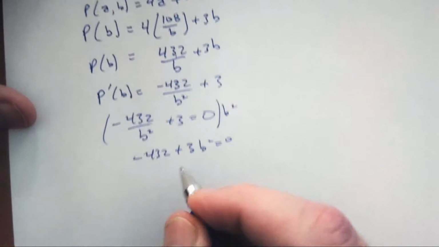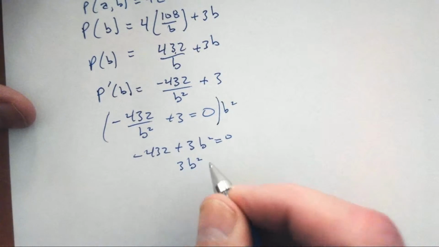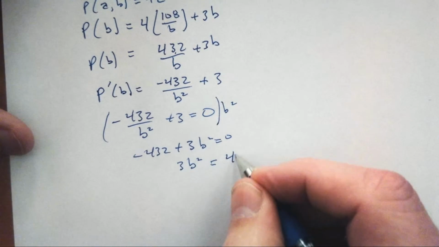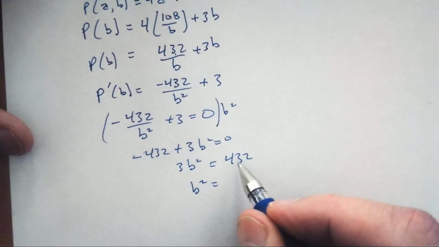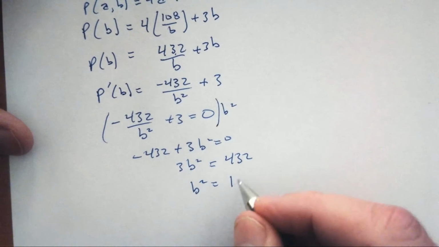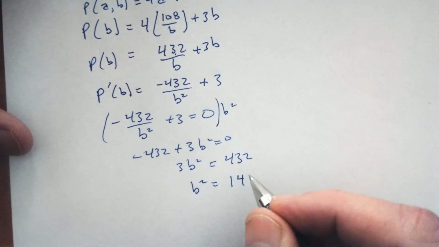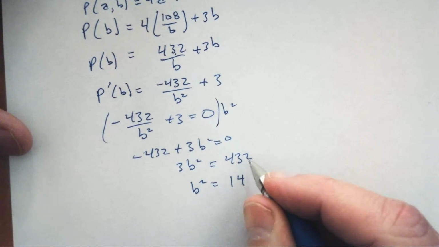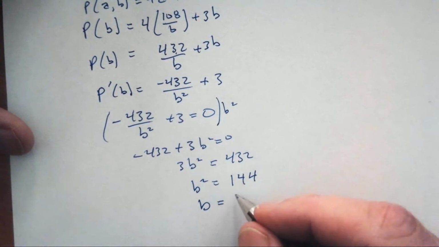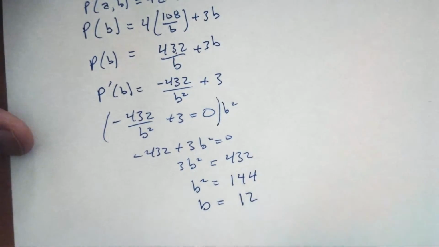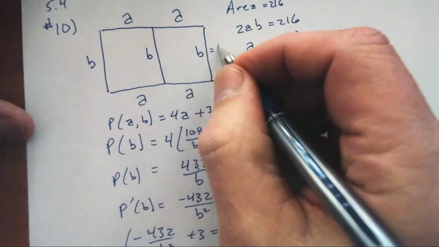Or 3B squared equals 432, or B squared equals, oh, that does divide out evenly. Let's see, it goes into 4 once, 13, it goes in 4 times, 12, it goes in 4 times. Ooh, that was nice and merciful. B wants to be plus or minus 12, but of course it's going to be 12 because B is positive.